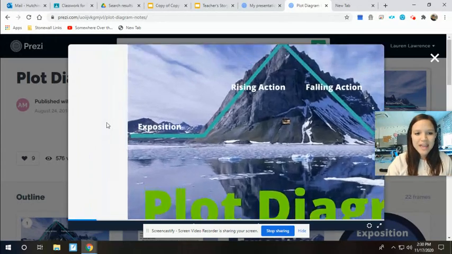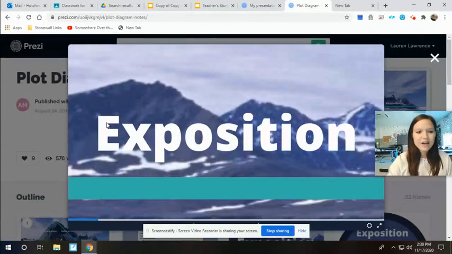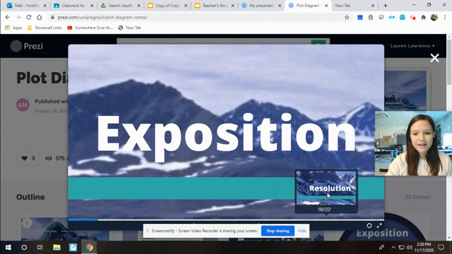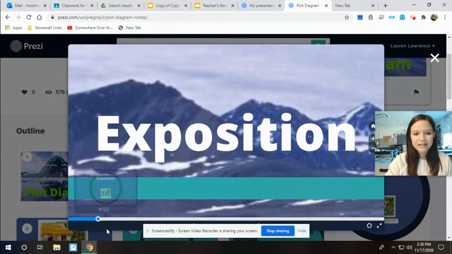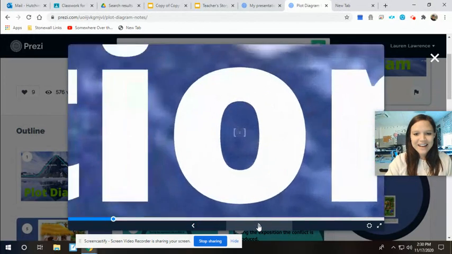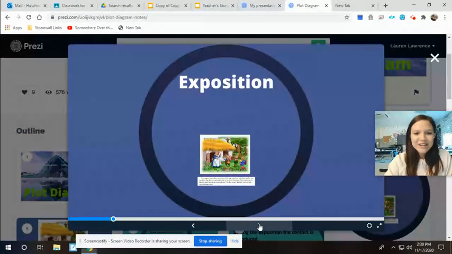All right, so the exposition is going to be that beginning of your story where you're going to introduce your characters.